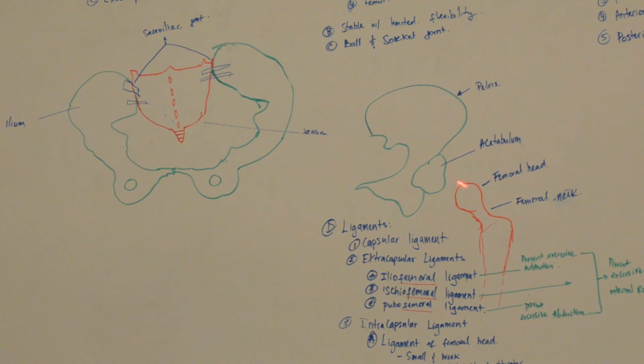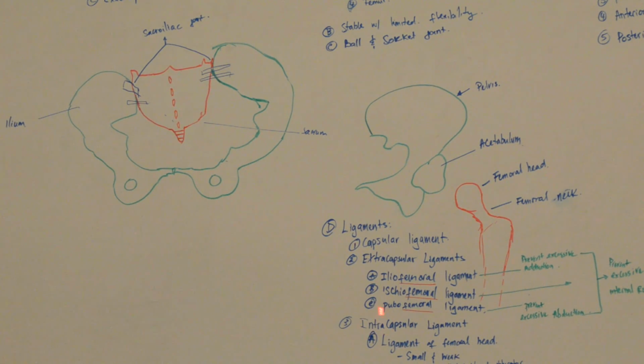The ilium is superior to the femur, so when you adduct right here, this will try to prevent the adduction, because it attaches from up here to here.